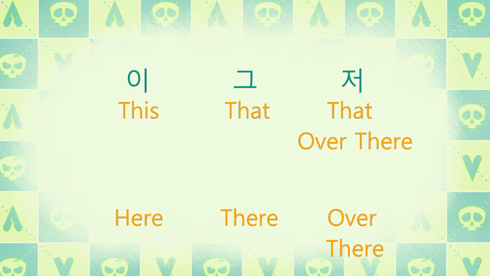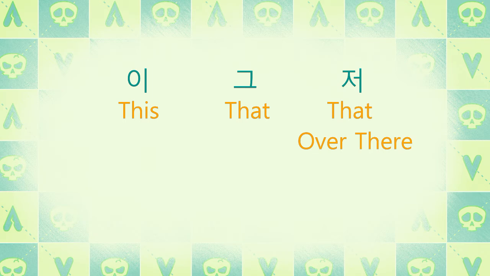Alright, now I'm going to be talking about this, that, and that over there. 이, 그, 저. And here, there, and over there. 여기, 거기, 저기. These are important words to know because they're used a ton. And 이, 그, and 저 are used in combination with other words to make new words.